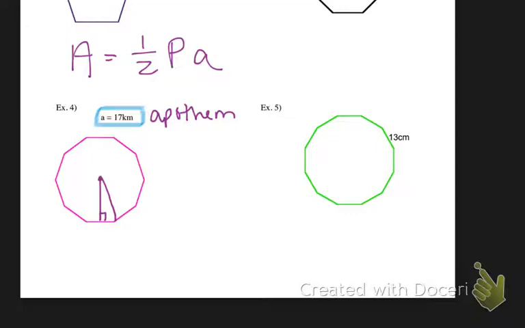Now, the next thing that would be good to get is going to be our little i. We want to figure out what an angle is inside of this polygon. So remember, this is 180 times (n minus 2) over n. So you just want to count up how many sides there are. Well, there are 11 sides.